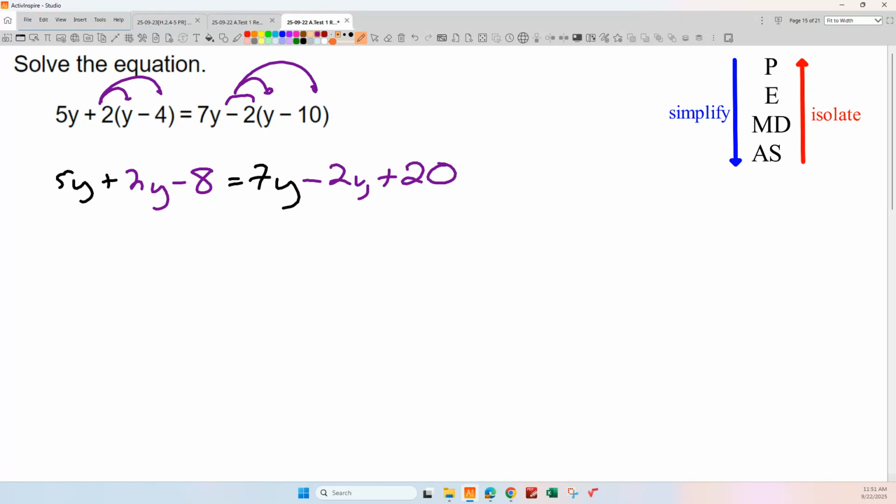Good. Now what? Combine like terms. Over here there are some like terms, 5y plus 2y. How about over here? Okay, now what?